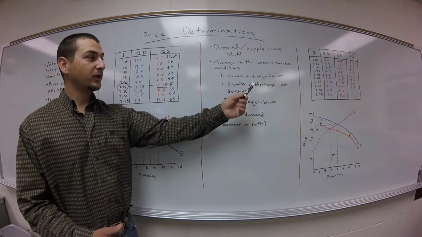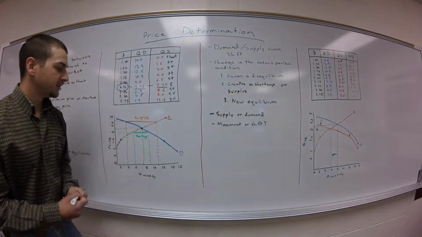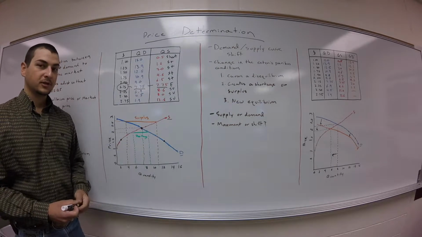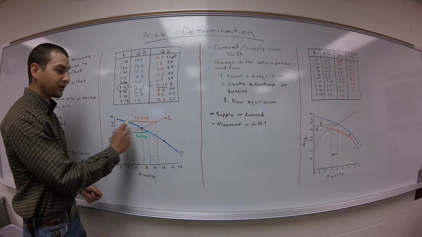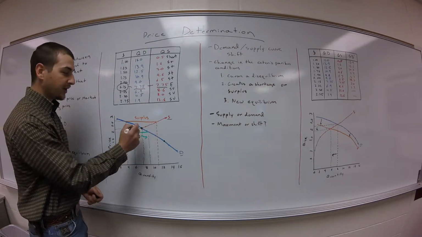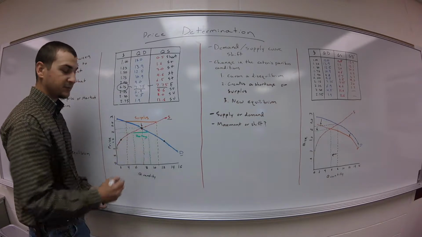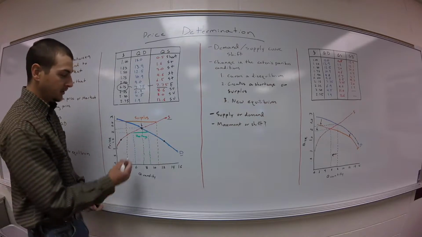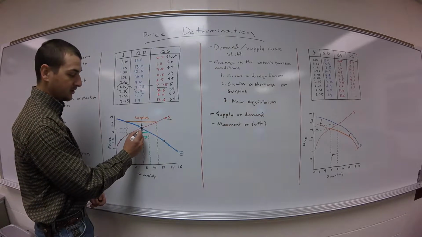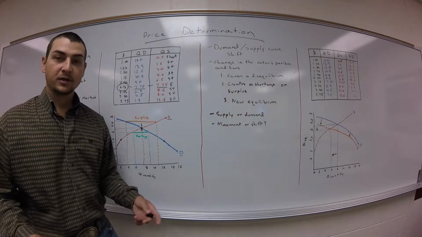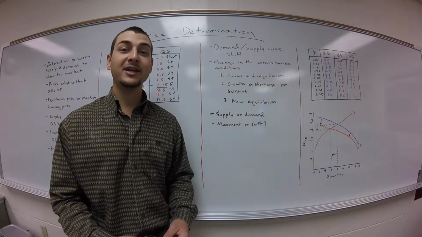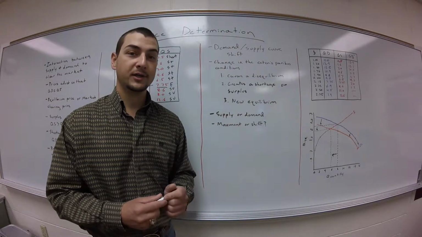This disequilibrium, remember, an equilibrium is whenever we're at this specific price. And if we're above that equilibrium, if we're in that surplus, remember, prices are going to be driving this down because people are going to be wanting to sell those products rather than just keeping it on the shelves. And if we're in a shortage, prices are going to go up because the retail stores or the people selling the product realize that they can sell it for a higher price.